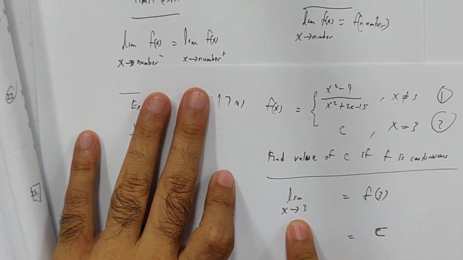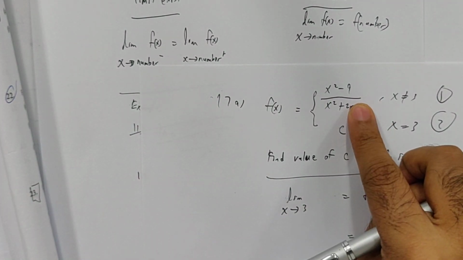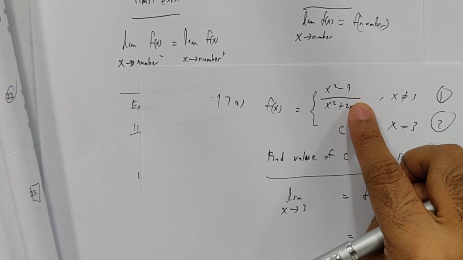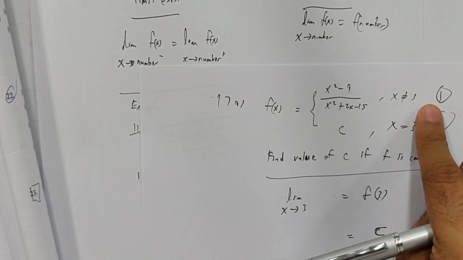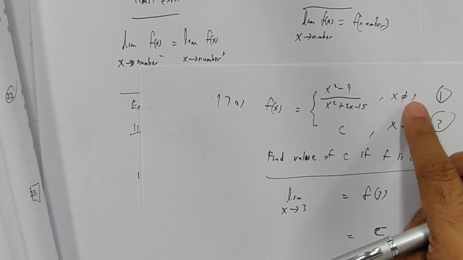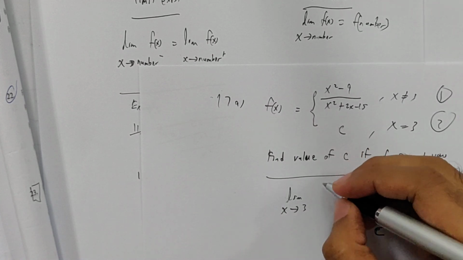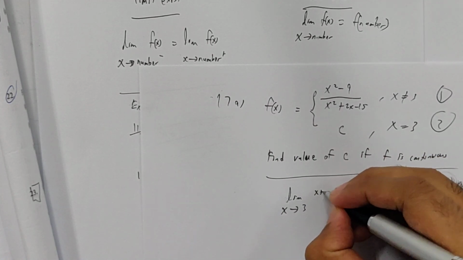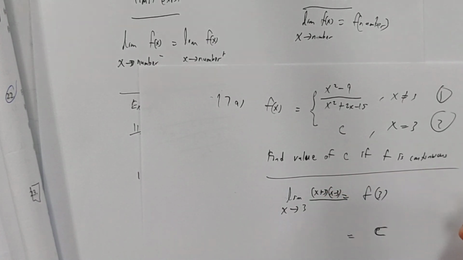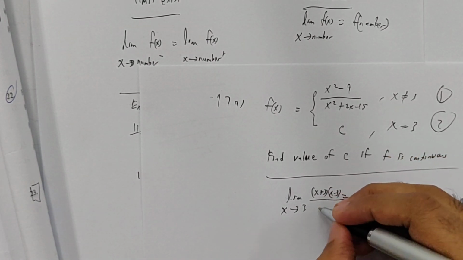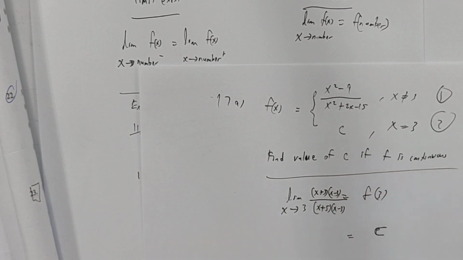For x approaching 3, I should take this one. Should I do left or right? If there's less, if there's more, the answer is yes. But in this case, we don't have to use left, right. Just take this one because left and right approach the same place. So x squared minus 9, I can factorize that: (x plus 3)(x minus 3). And at the bottom, the denominator, I can factorize: (x plus 5)(x minus 3).